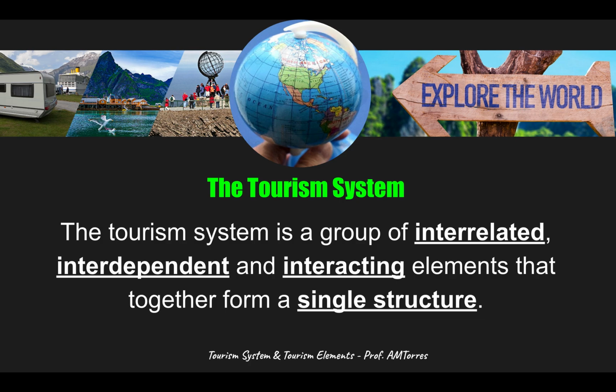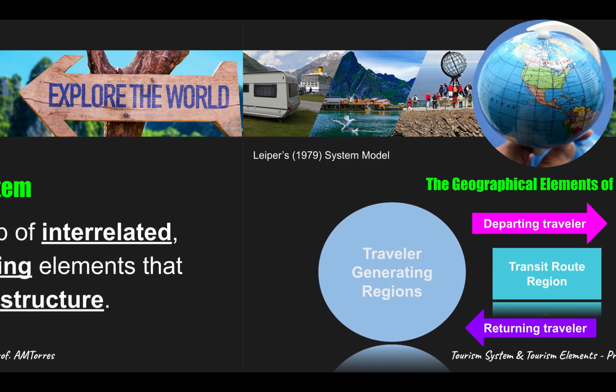So, going back to the tourism system, the purpose of interrelationship, why there is an interdependence, and why they are interacting, is so that they can form a single structure, which is what we call the tourism ecosystem.